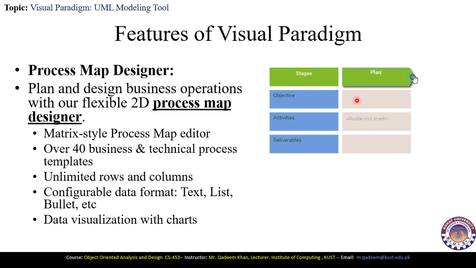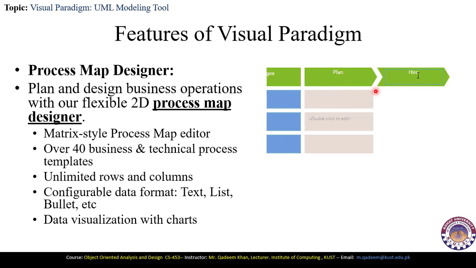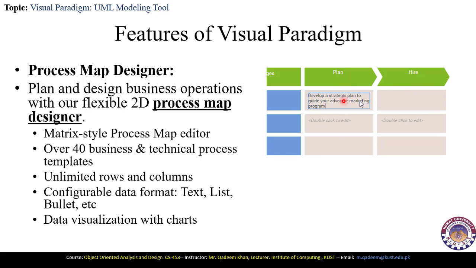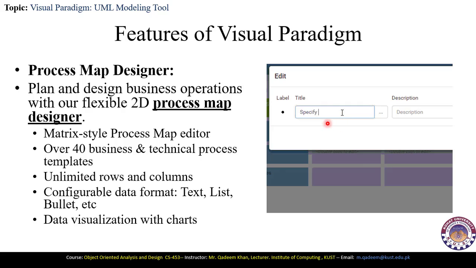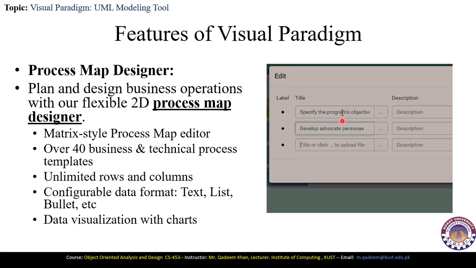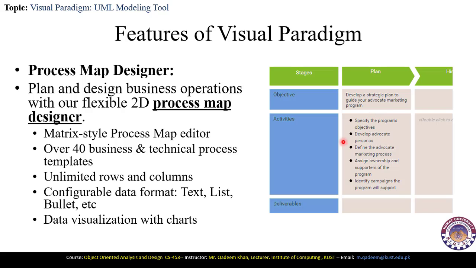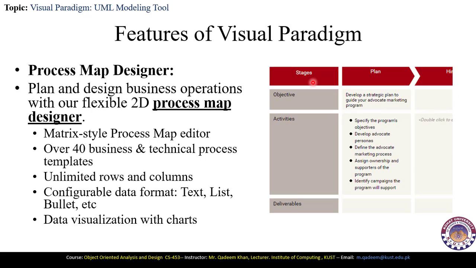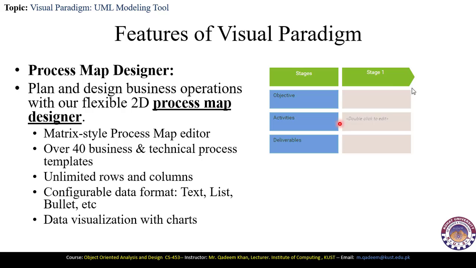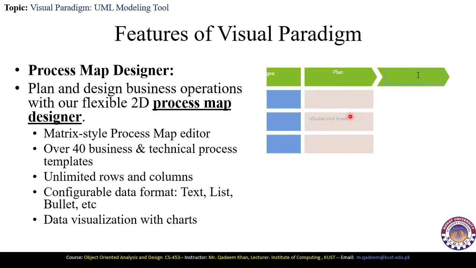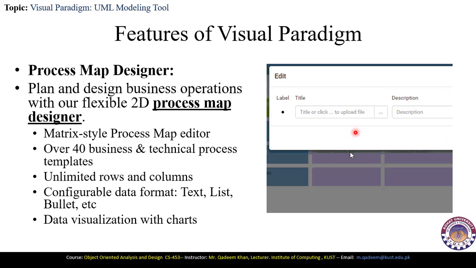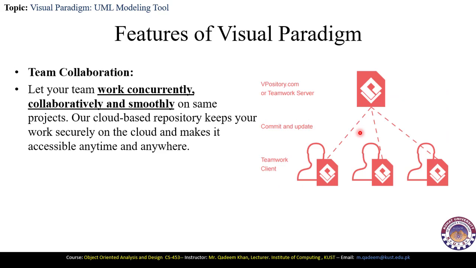For example, here you can type the process phases and also the sub-phases, such as what the planning is and what activities will be performed in planning. You can also edit the phases and sub-phases, and when you save, the process will be created for you in configurable data formats such as text, lists and bullets, which is visualized with charts.